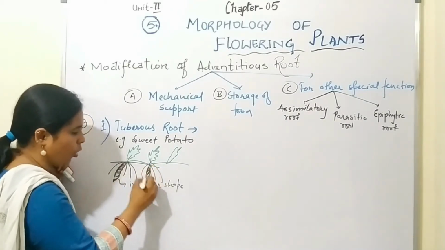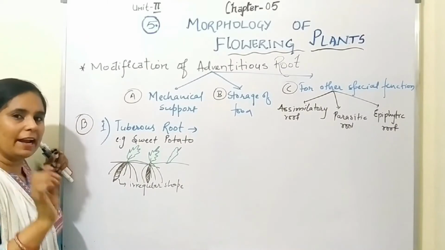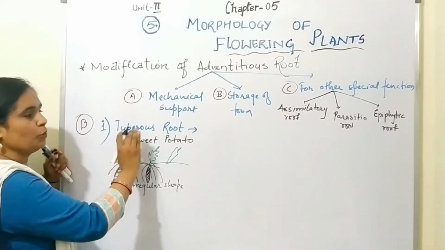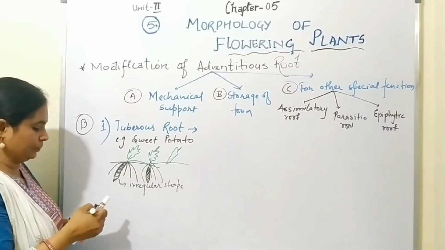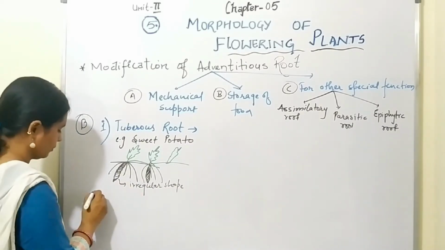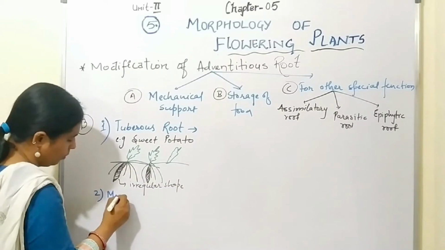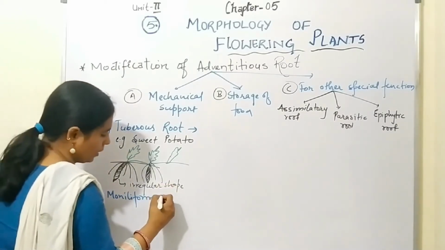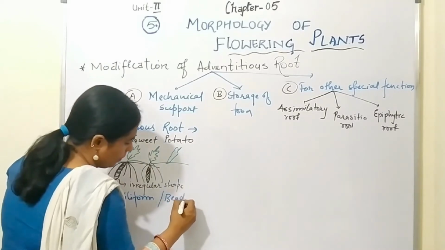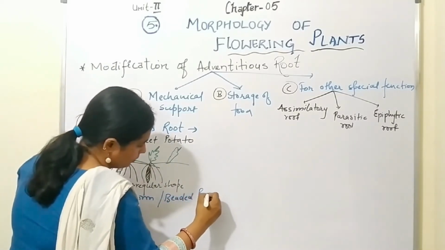So this kind of modified adventitious root is tuberous root, and it has the function of storing food. The next one is moniliform, or you can call it beaded root.